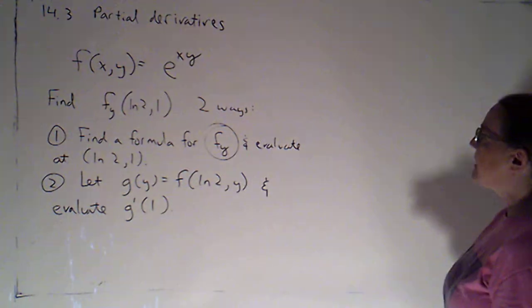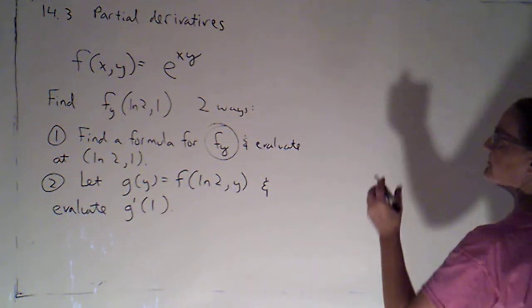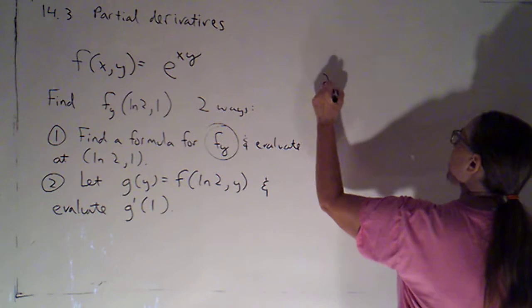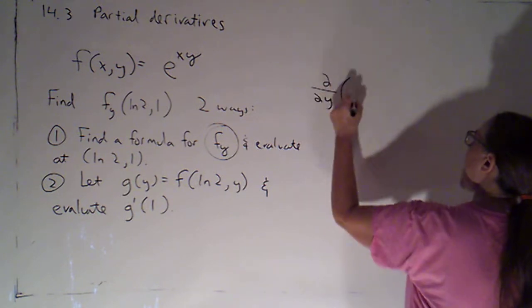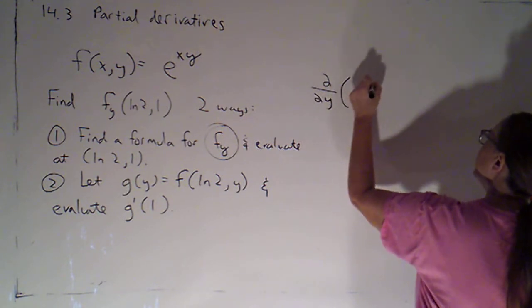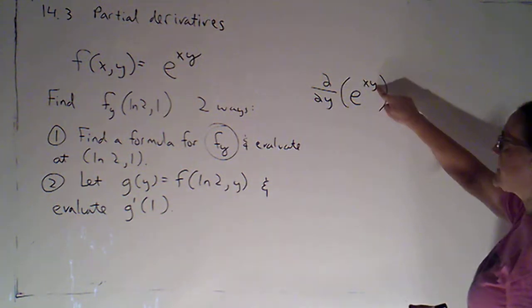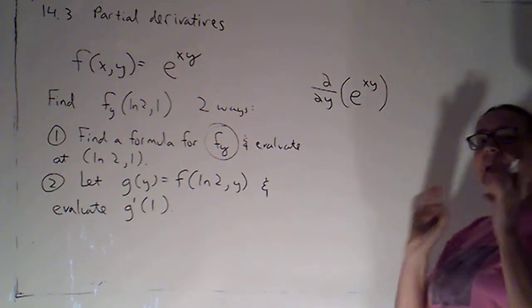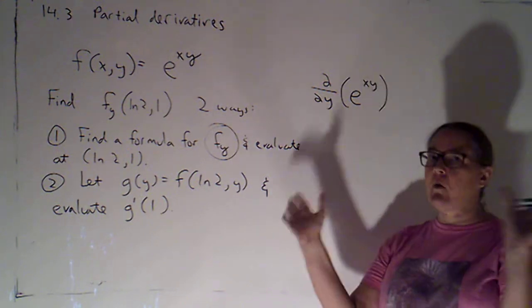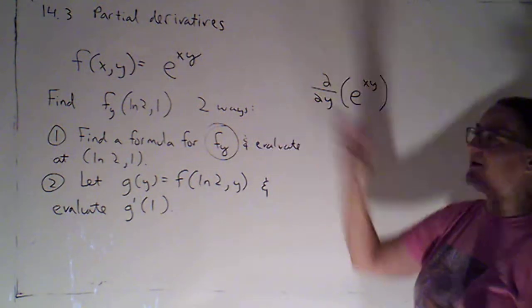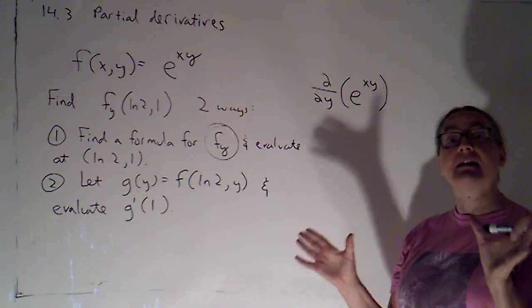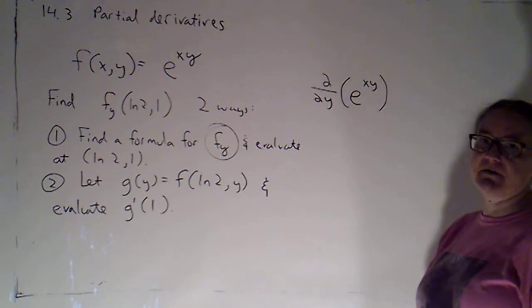Okay, so let's try the first one. I want to take the partial with respect to y of e to the xy. So what I'm doing is saying y is a variable, x is a constant. I don't know what constant it is. I know eventually it's going to become natural log of 2, but I'm just treating x as a fixed but unspecified number.